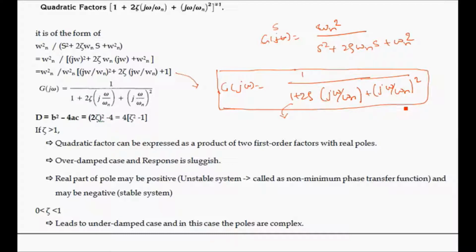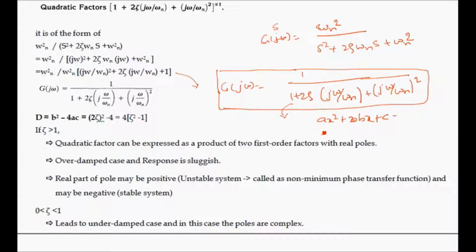The denominator is in the form x square plus bx plus c, so clearly b is equal to twice zeta, a is equal to 1, and c is also equal to 1.